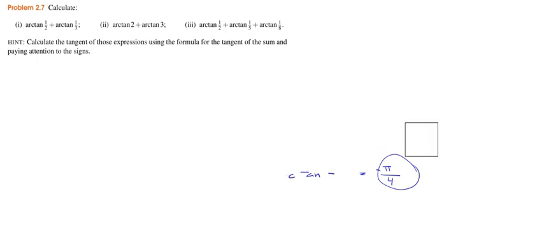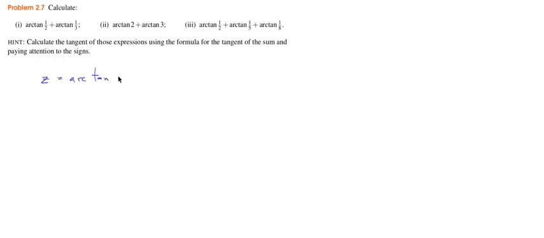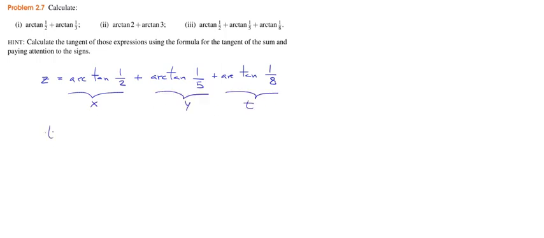And finally, a different one. So again, if we have z, let's call this the arctangent of 1 over 2 plus the arctangent of 1 over 5 plus the arctangent of 1 over 8. This is x, this is y, this is t, and so now z is such that the tangent of z is the tangent of x plus y plus t.